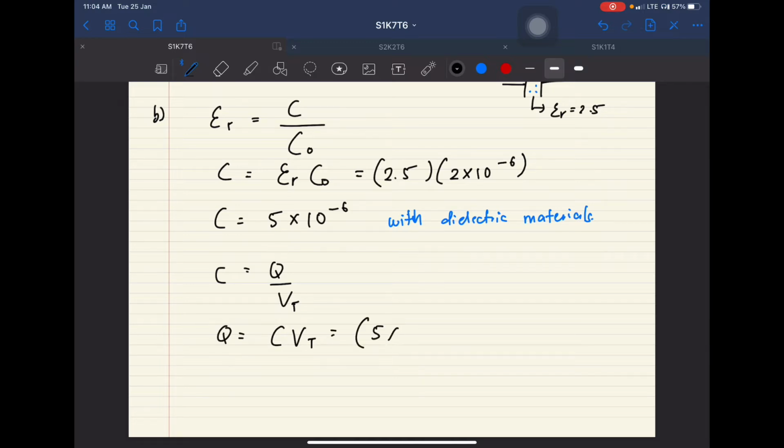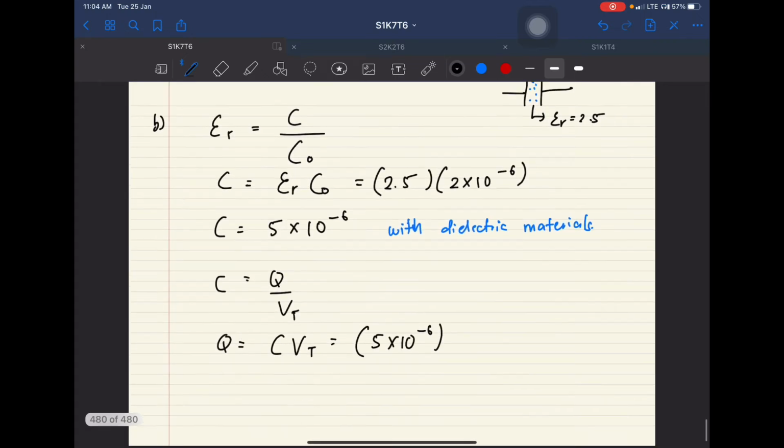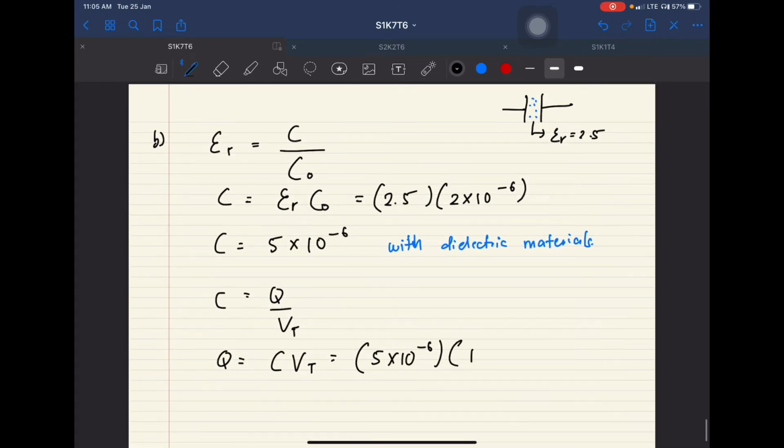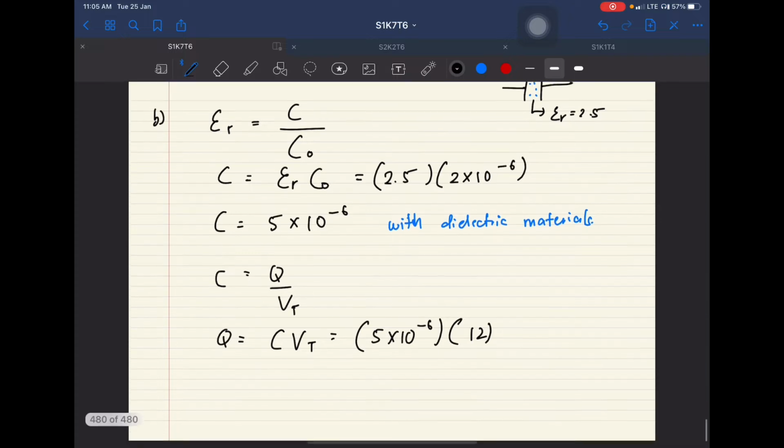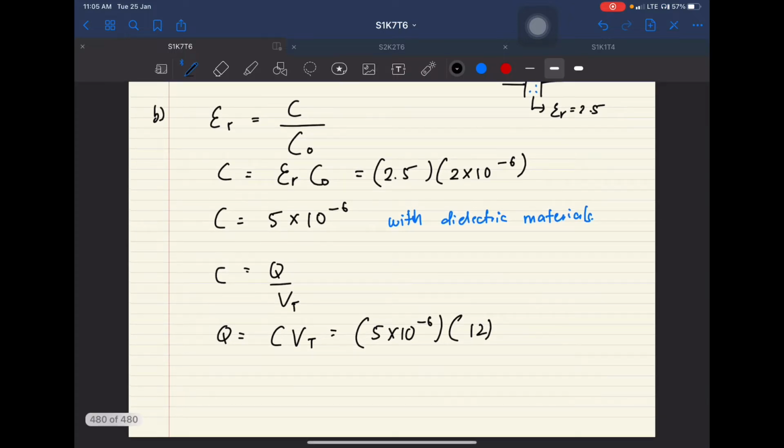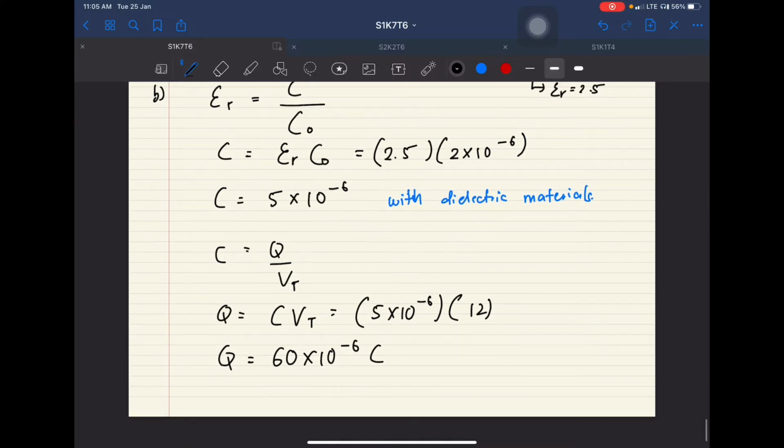It will be 5 times 10 to the negative 6, and voltage is 12. 12 times 5 is 60. So charge equals 60 times 10 to the negative 6 coulomb, or you can write 6 times 10 to the negative 5 coulomb, same answer.